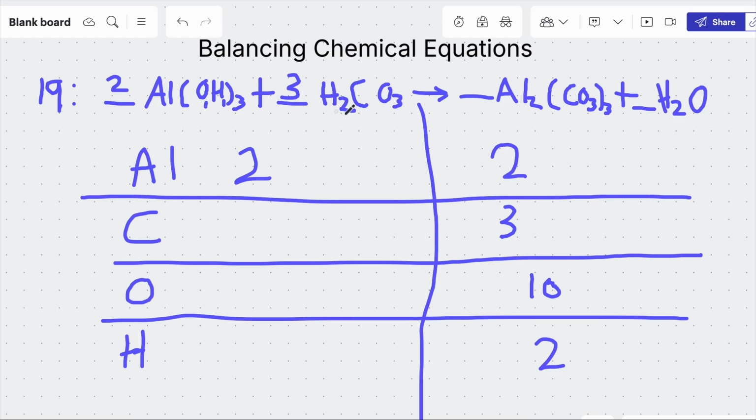We got 1 C in each. So 1 times 3 gives us 3. We got 3 O's in each of these. Times 3 is 9. And if you remember, we had 6 from that total. So 9 plus 6 is 15. Remember, we had 6 H's over here. Plus 3 times 2 is 6. So 6 plus 6 is 12 total.